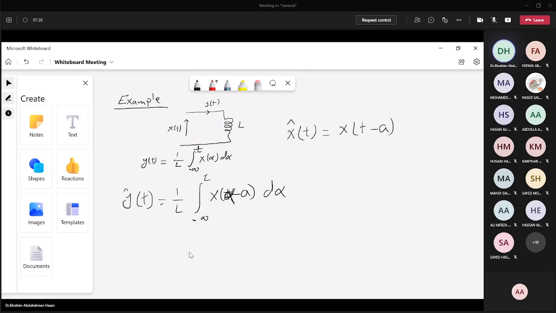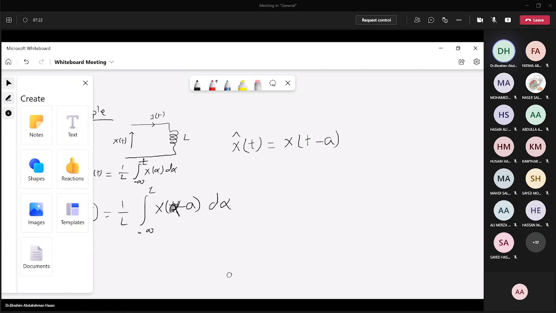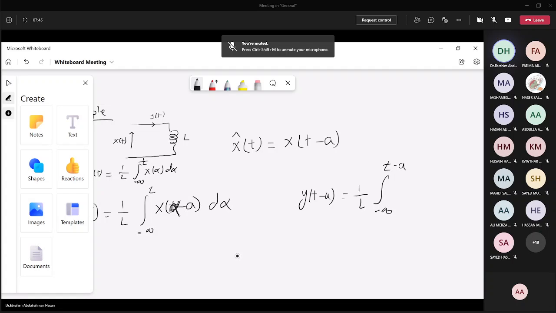Okay, the question here, is this equal to y of t minus a? If yes, then it is time invariant. So y of t minus a is 1 over L from here. Wherever you have t, just change it to t minus a. So then it is from minus infinity, and here we have t minus a, x alpha d alpha.